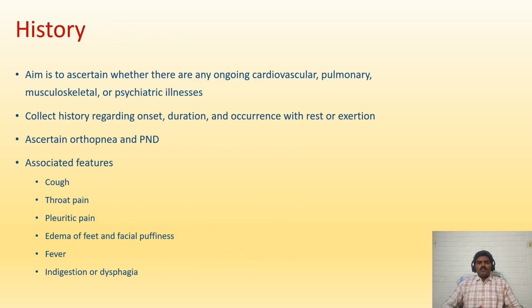Ask for associated features, especially cough, sore throat, and pleuritic pain, which indicate a pulmonary origin of breathlessness. Edema of the feet with facial puffiness indicates a cardiovascular origin for breathlessness. Fever indicates infection. Indigestion and dysphagia indicate a gastrointestinal cause, which can mimic breathlessness.